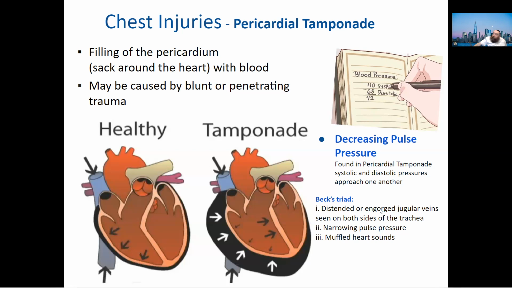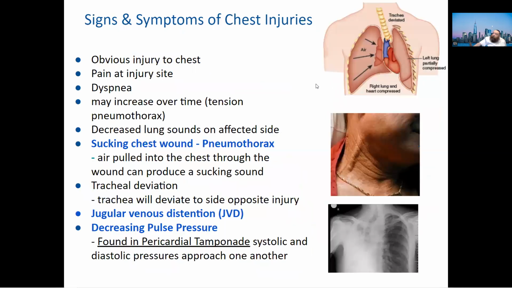I got a picture coming up. Narrowing pulse pressure, which is this, where it wouldn't be 40 or 30 between them, but 10 or 5, okay? And muffled heart sounds, that's when you actually listen to the heart and it doesn't sound right. So that's called Beck's triad, 3 things. You don't need to remember that. Remember decreasing pulse pressure and pericardial tamponade.